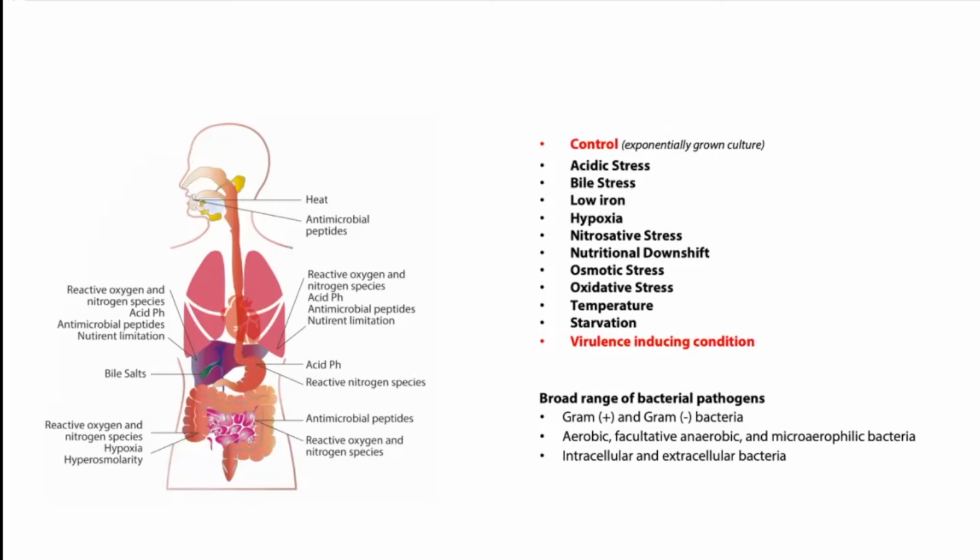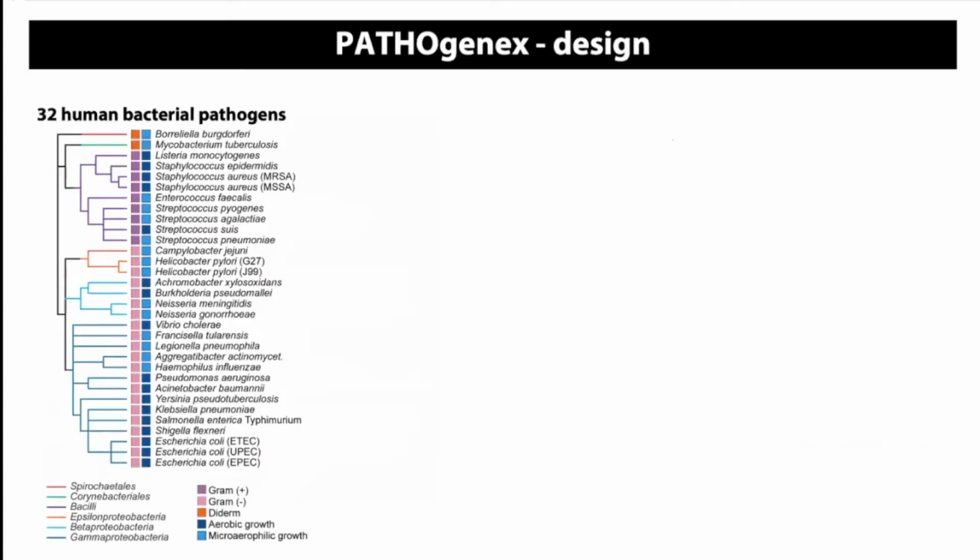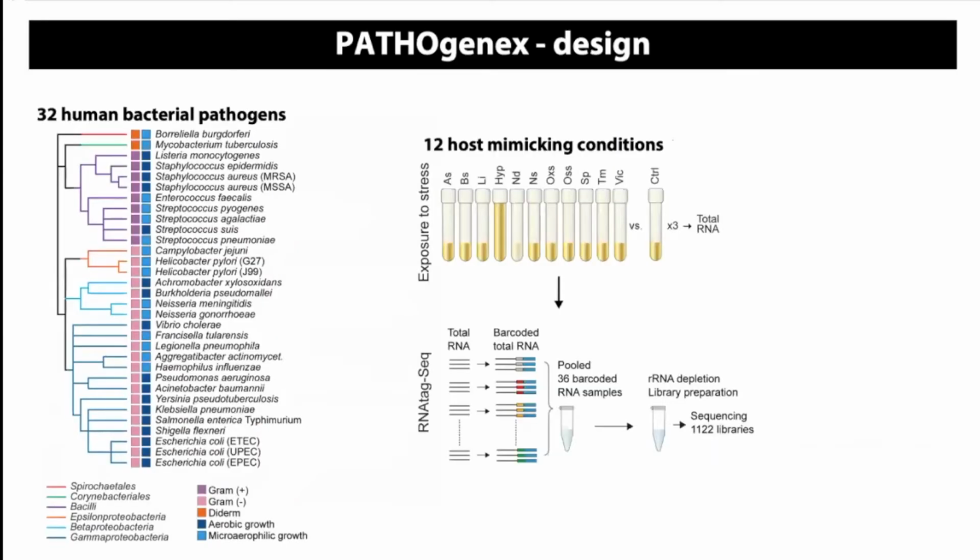And that's how the idea came. Then we could do this when I saw RNA tag sequencing, which allows up to 52 libraries in one tube, which reduces the cost by 90%. Of course, it also reduces the bias in the library preparations. So that made it possible.